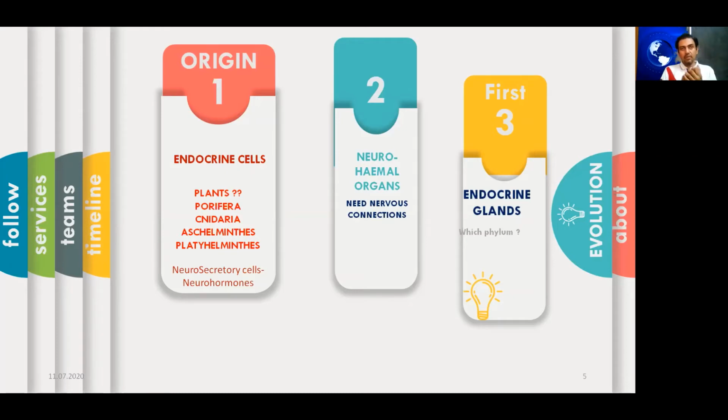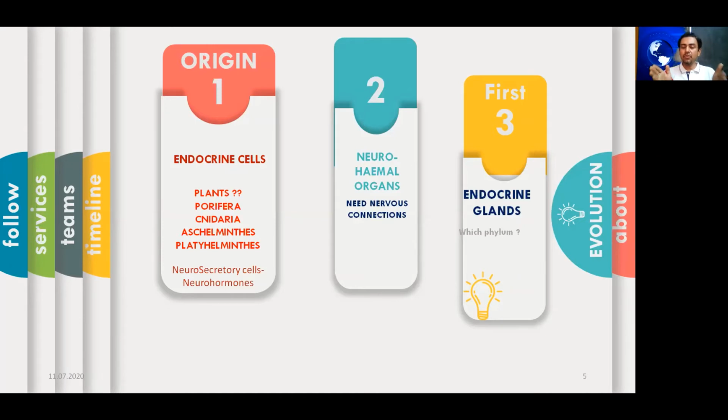When we go up after cnidaria and ctenophora, when we reach platyhelminths and aschelminths, both these phyla do not have any specialized endocrine gland. They have endocrine cells in the nervous system which are secreting hormones.